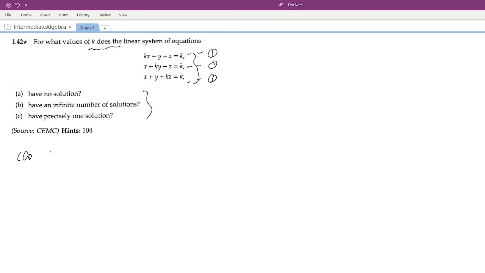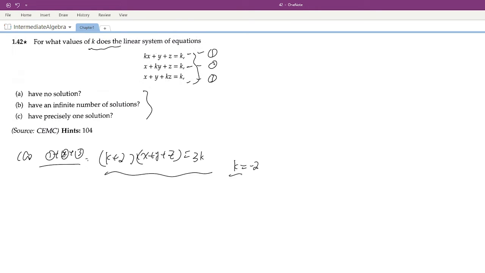Let's add them together. So 1 plus 2 plus 3, we have k plus 2 times x plus y plus z is equal to 3k. So k is negative 2, right? So with the left side we have 0 equals negative 6, so there are no solutions.